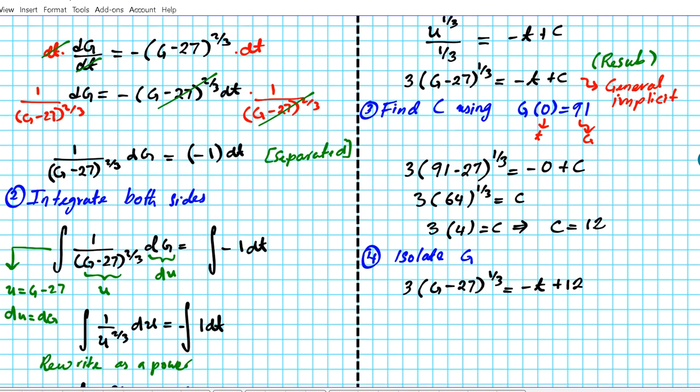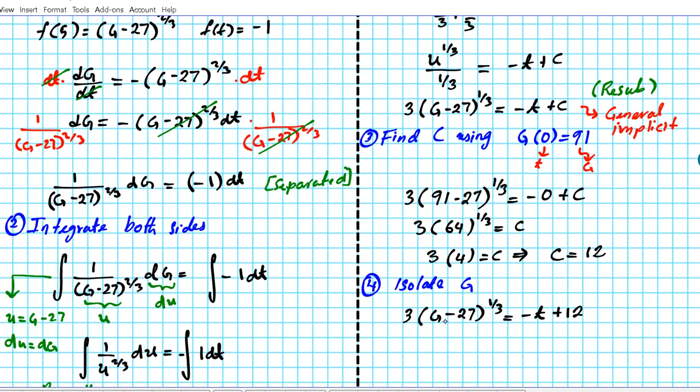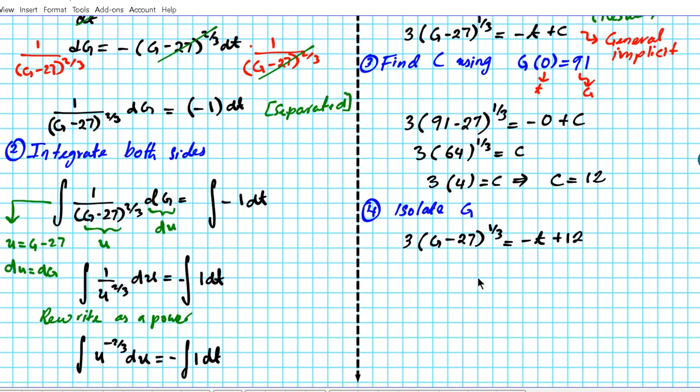So if we want to get it in the explicit form, we need to get g isolated. Okay? All right, so this is the particular implicit solution, and then what we have up there is the general implicit solution. General in the sense that we don't know what c is. It's a general case, but this is particular because we are fixing our solution to this particular c value.